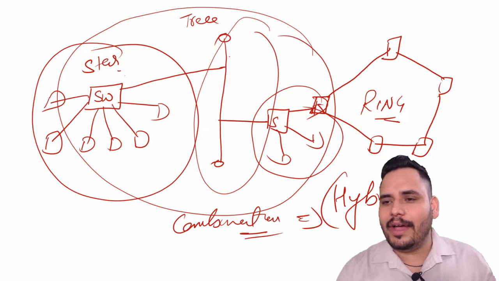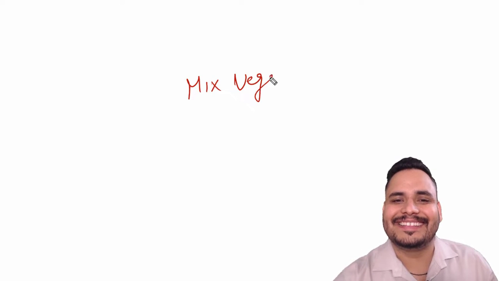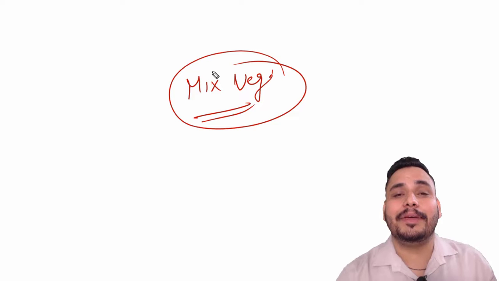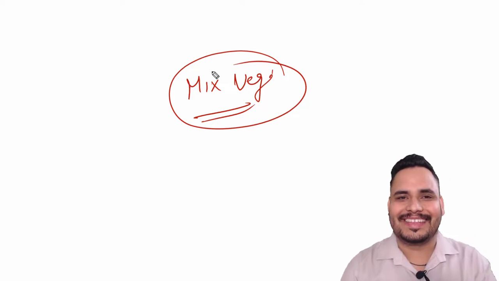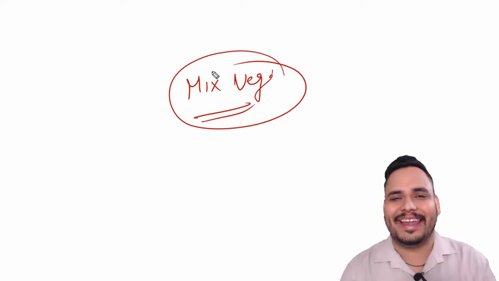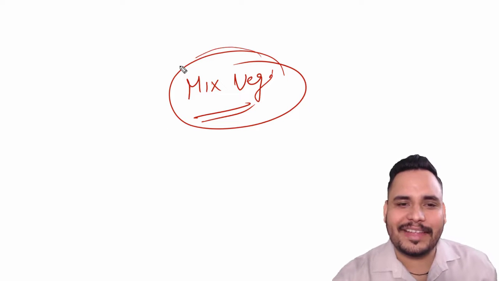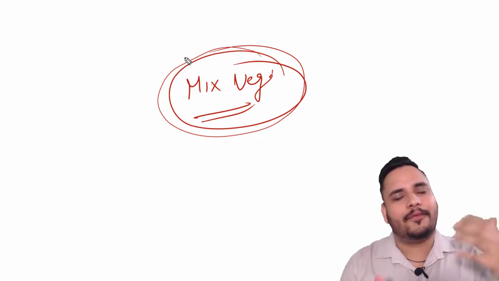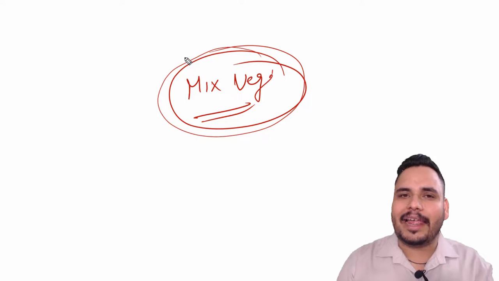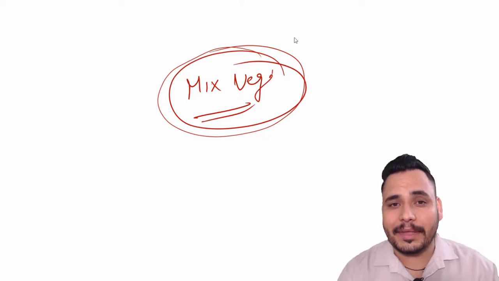So I want to give you an example, like have you ever tasted mixed vegetables? Mixed vegetable is a combination of so many vegetables. Like if you want to eat, then you can cook it in your home. Mixed vegetable is a combination of so many vegetables. Similarly, hybrid topology is a combination of so many topologies.